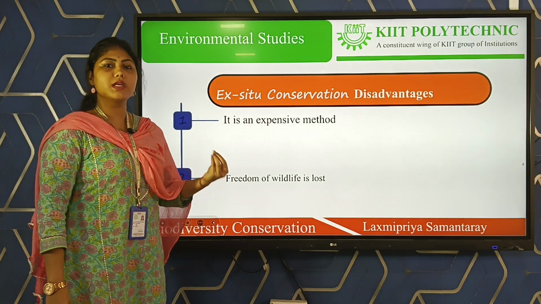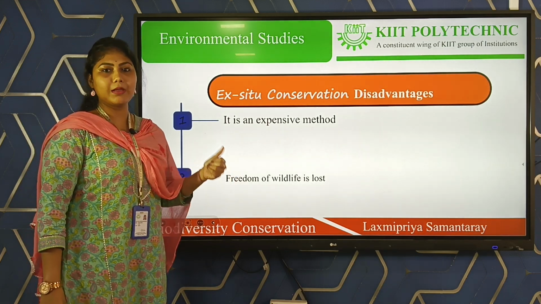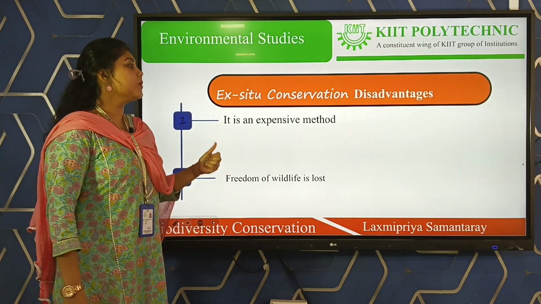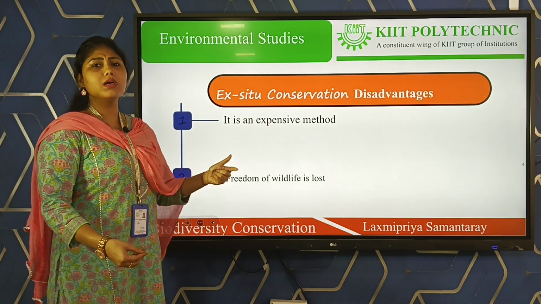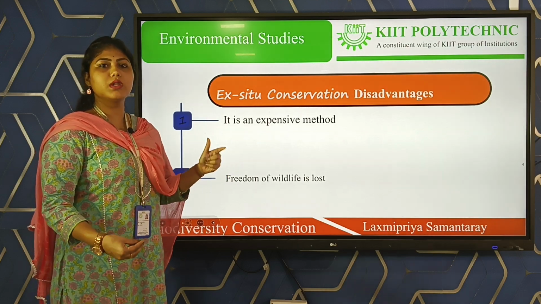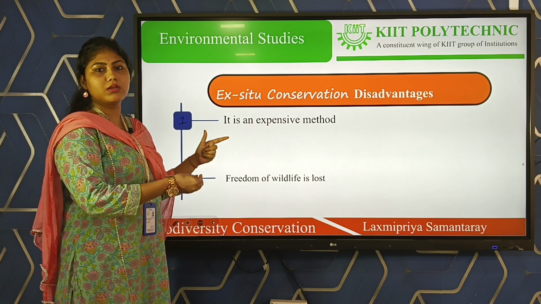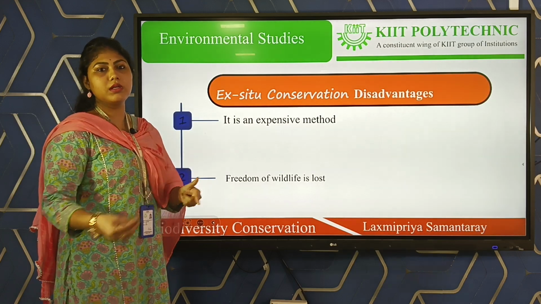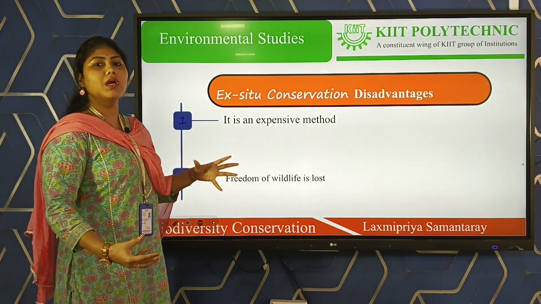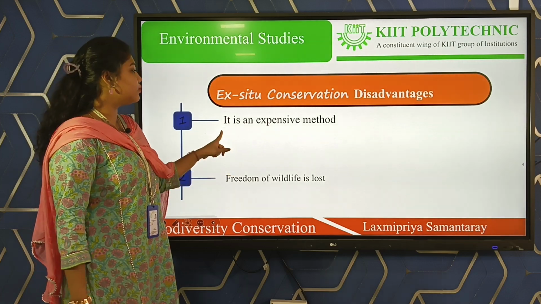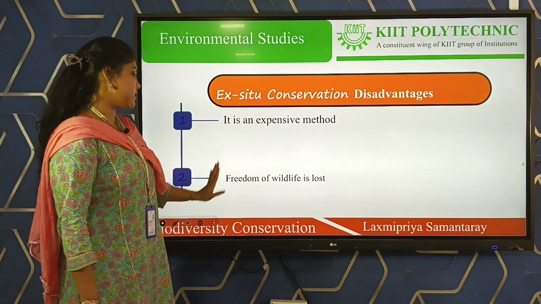It will be expensive because the climate may be changed over there, and the water, the proper care. In their natural place they are suitable with the disaster management, but here they can't adjust. For that only we have to do proper care. So for this only it is an expensive method.